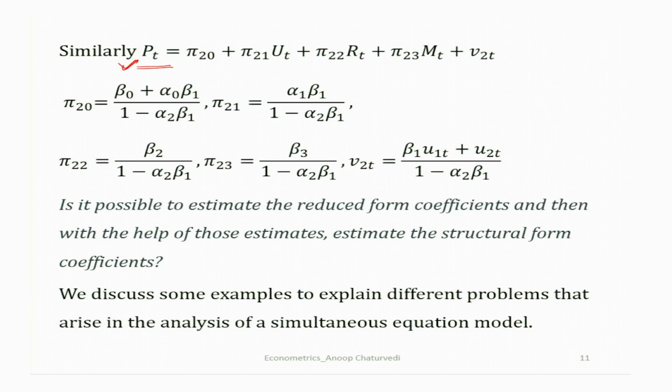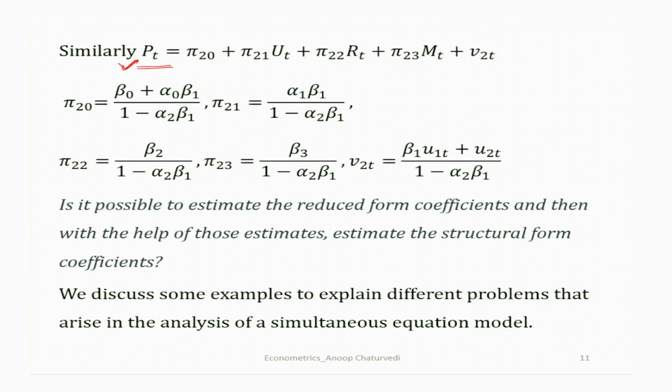So, you can easily apply the OLS procedure for estimating pi 2 naught, pi 2 1, pi 2 2 or pi 1 naught, pi 1 2, pi 1 1 etcetera. So, you can estimate all the pi's using the method of least squares.